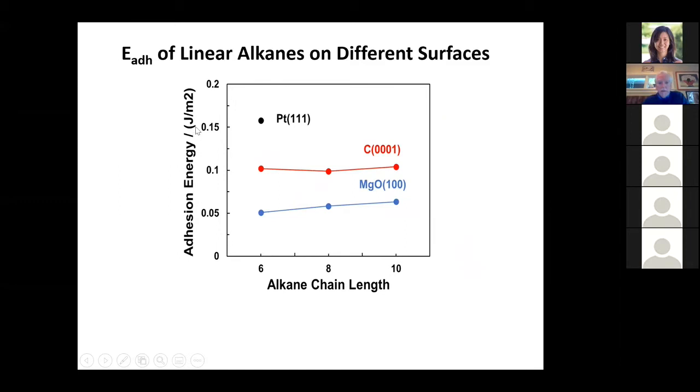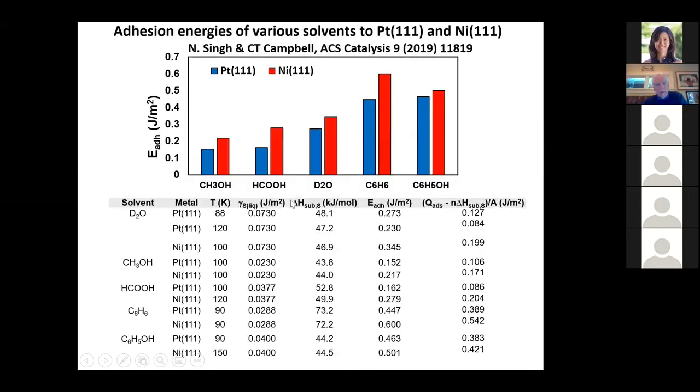And we extracted the adhesion energies of those linear alkanes as a function of chain length on graphite and on MgO, and we could only get cyclohexane or n-hexane on platinum. Look at this number, it's about 1.5 for hexane on platinum. It's very similar per unit area to methanol there.